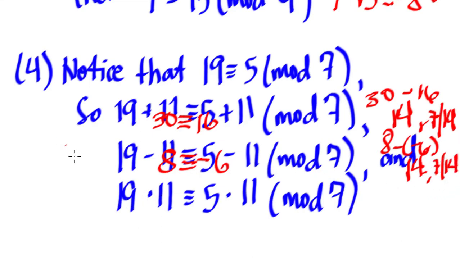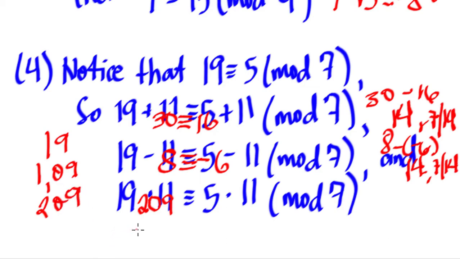Also, we have 19 times 11. That's going to be 209, correct? Next we have 5 times 11, which is 55. So 209 minus 55, let's subtract 55 here.